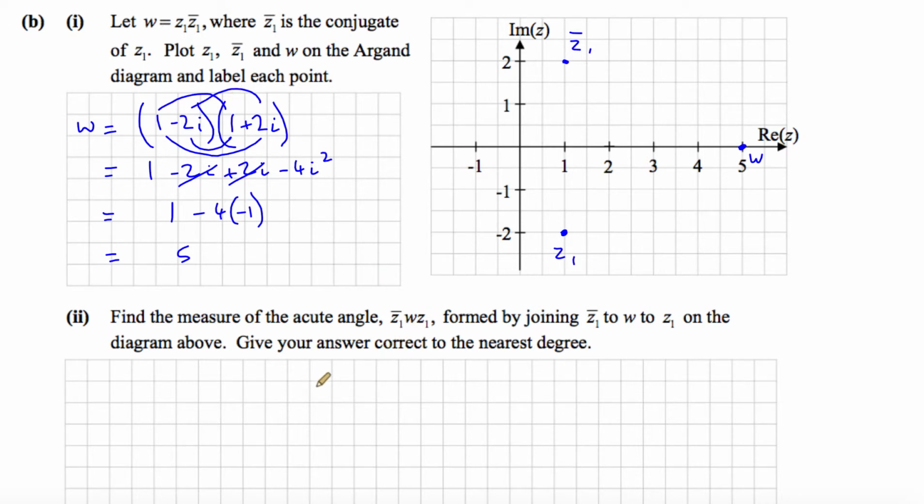Part 2 then says, find the measure of the acute angle Z bar 1 W Z1 formed by joining Z bar 1 to W to Z1 on the diagram above. Give your answer correct to the nearest degree.